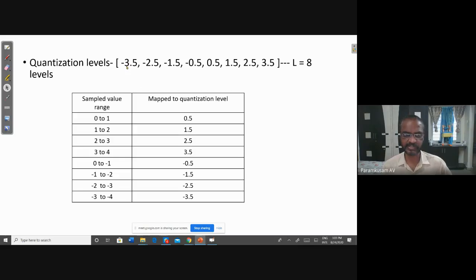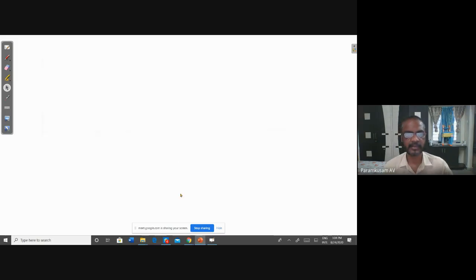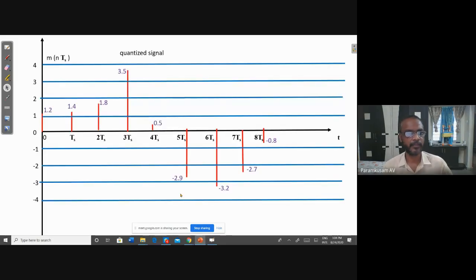What are those levels? Minus 3.5, minus 2.5, minus 1.5, minus 0.5, plus 0.5, 1.5, 2.5, 3.5. Am I correct? If the sample value lies between 0 and 1, it maps to 0.5; between 1 and 2, 1.5; between 2 and 3, 2.5; between minus 1 and minus 2, minus 1.5; between minus 3 and minus 4, minus 3.5. Like this.